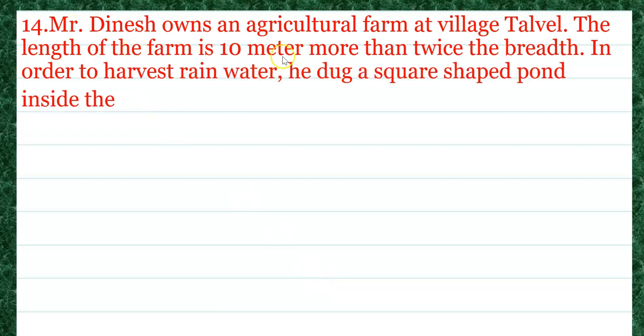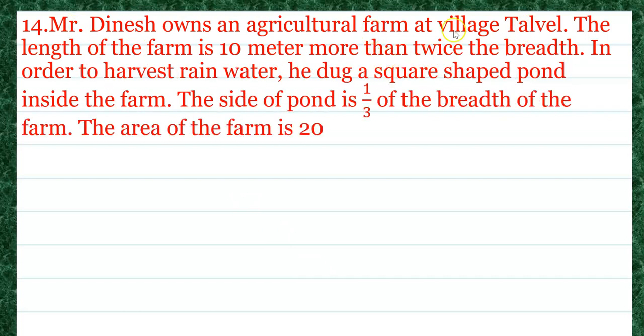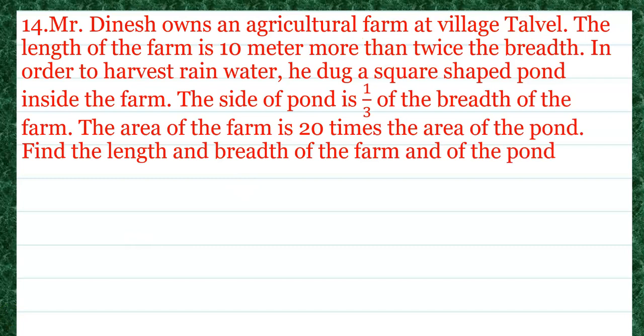Mr. Dinesh owns an agriculture farm at a village. Again, I will repeat here. Mr. Dinesh owns an agriculture farm at village Thalwell. The length of the farm is 10 meter more than twice the breadth. In order to harvest rainwater, he dug a square-shaped pond inside the farm.